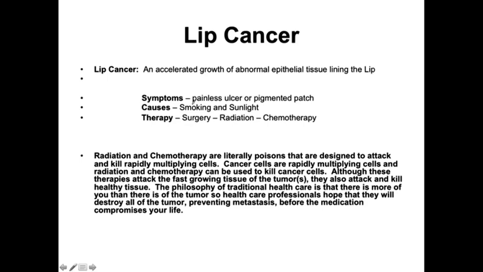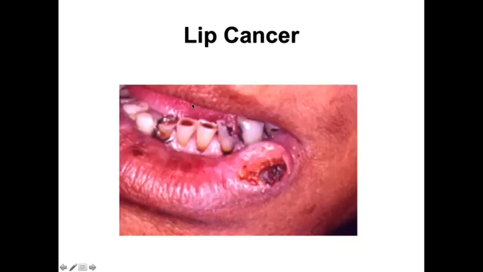So the whole philosophy and theory is that they hope to kill the cancerous cells and most of them, sparing as many healthy cells as possible to kill the cancer cells without killing the individual. That's the whole idea. Can we save the individual by preventing those cancerous cells from metastasizing, which means to spread to other parts of the body?